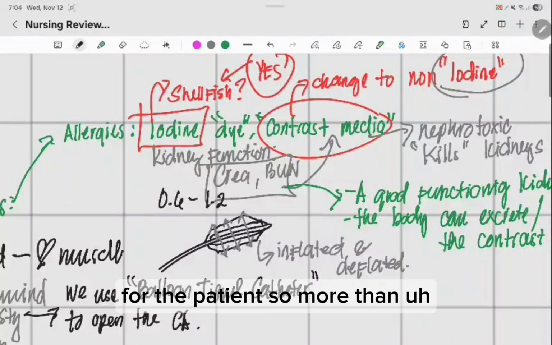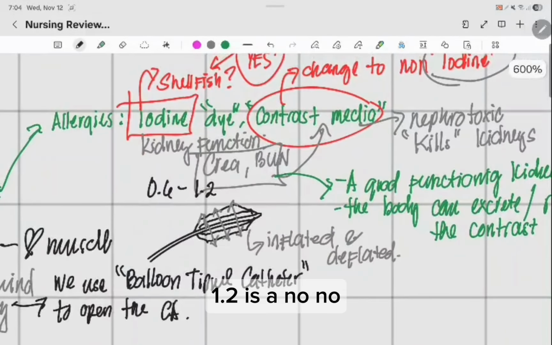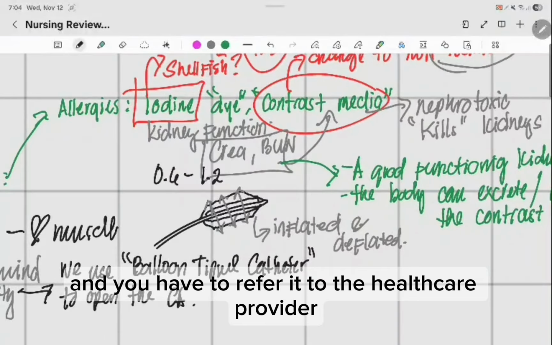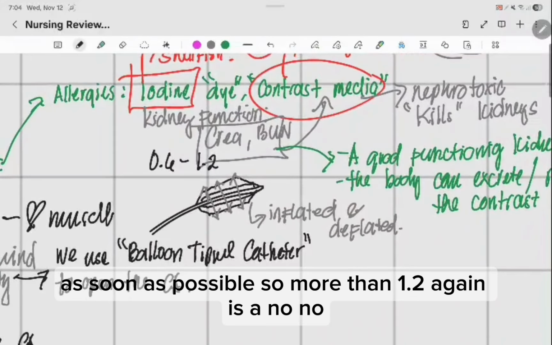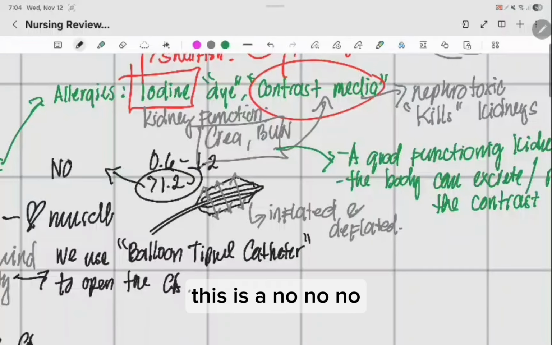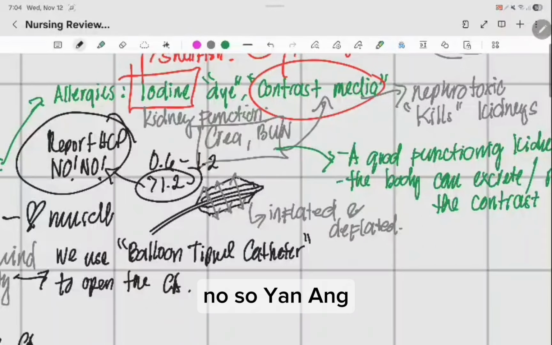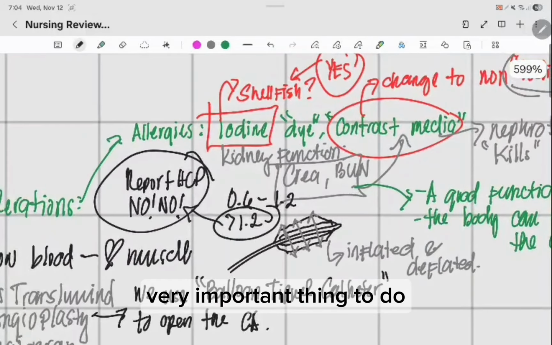So more than 1.2 is a no-no, and you have to refer it to the healthcare provider as soon as possible. You have to report to the healthcare provider. So yan ang very important thing to do.